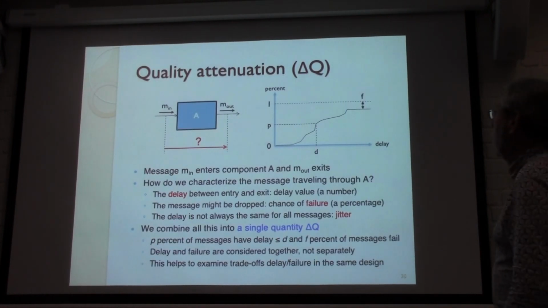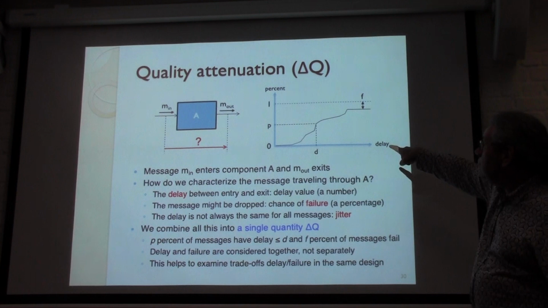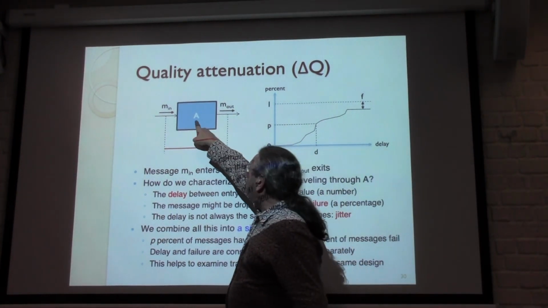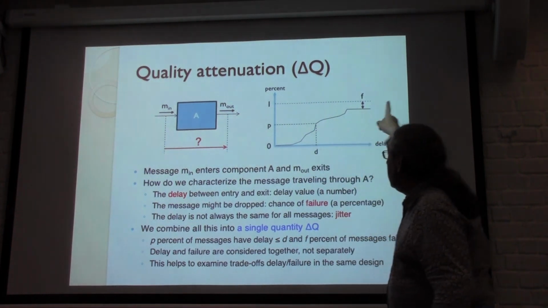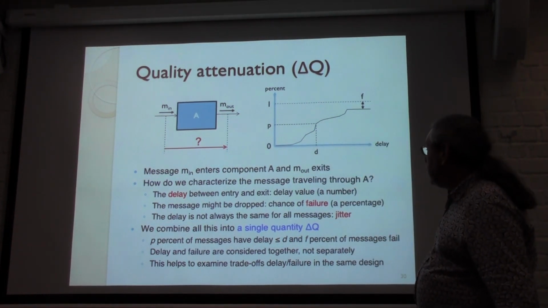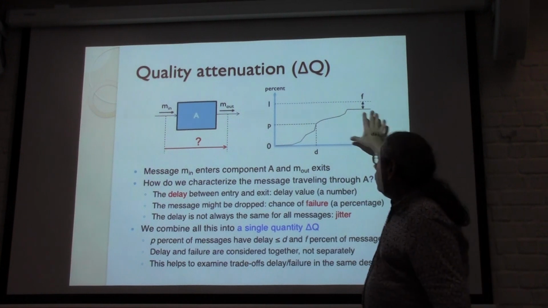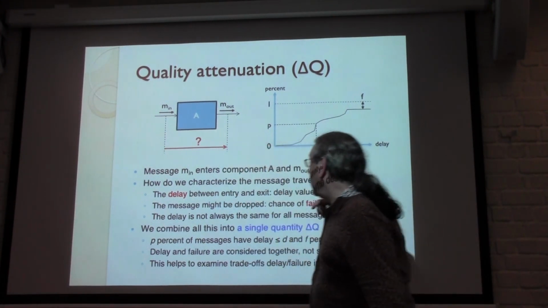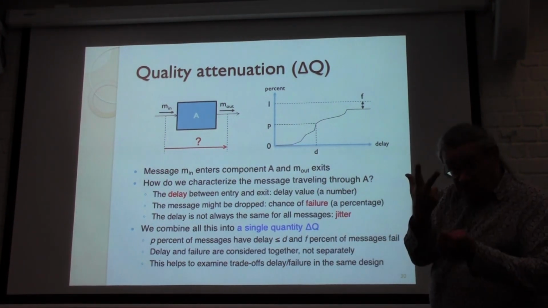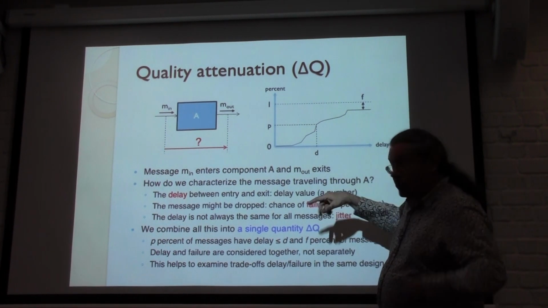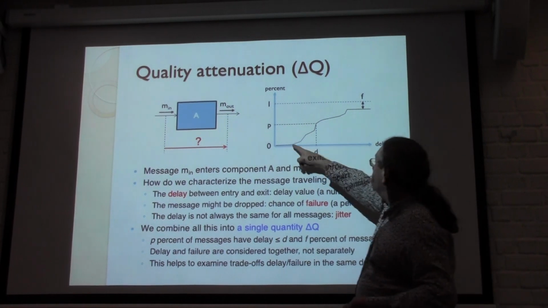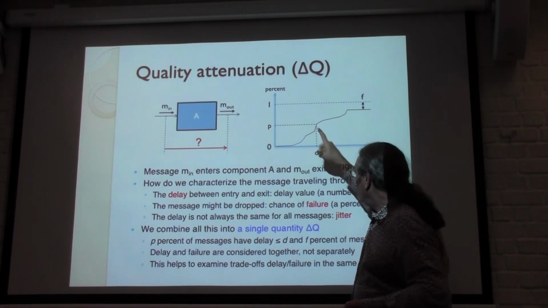Okay, so going back to quality attenuation. I have a component here, A, with a message coming in, a message coming out, and there's a cumulative distribution function that determines the delay between the two. And it combines three things. So there's a number, so many milliseconds, which of course is variable.